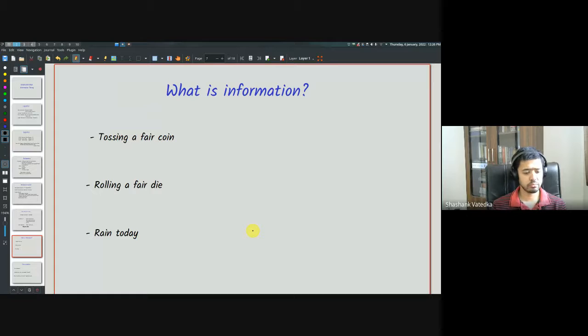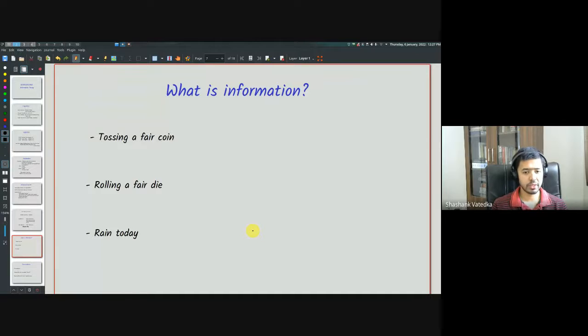So let's try to at least qualitatively understand what it means for something to be more informative than another. Let's take two examples. One is I toss a coin and I tell you the outcome, a head or a tail.